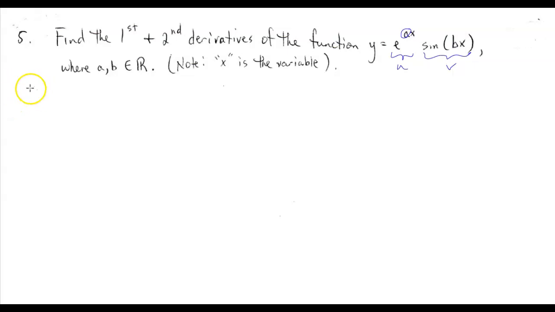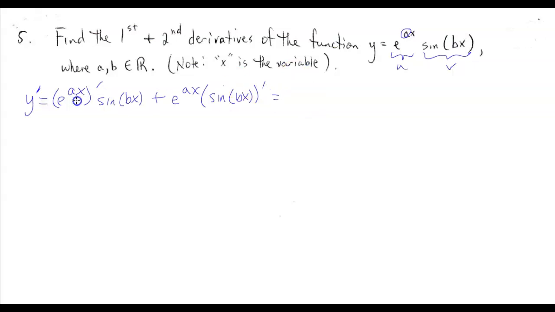All right, so we know that for the derivative of this, I'm going to take the derivative of the first function times the second plus first function times derivative of the second. Okay.